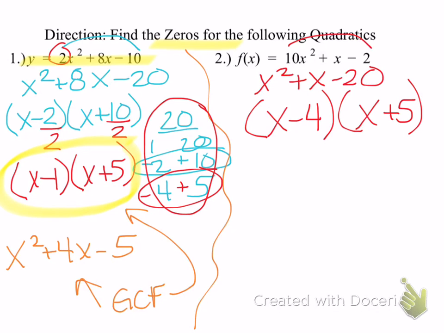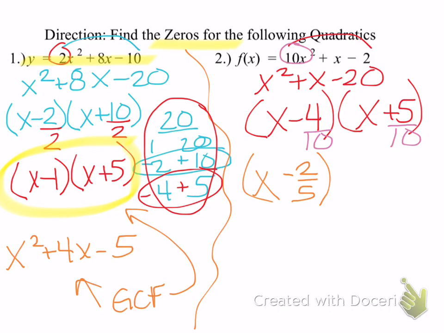Next step is I have to take away what I multiplied by. So I have to take this 10 away, divide that by 10, divide that by 10. And what we could see is that we can reduce those fractions, which I have to do because if I don't reduce them, I won't get the correct answer. So if I reduce 4 over 10, that's like having 2 over 5.